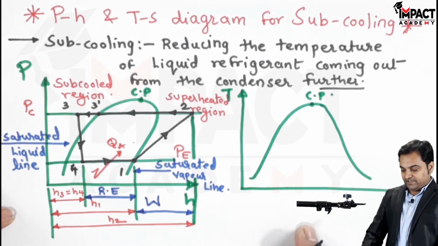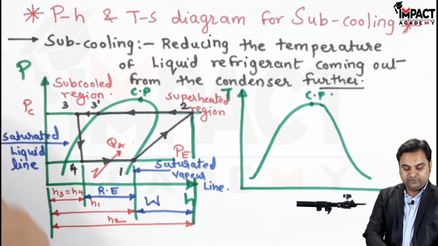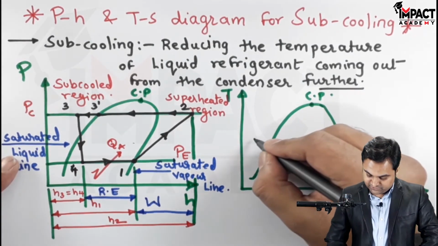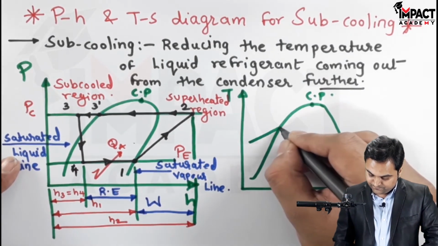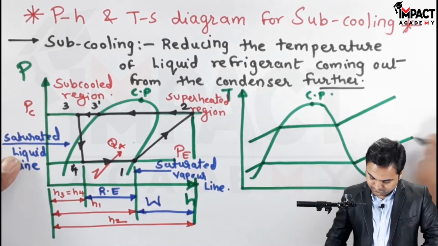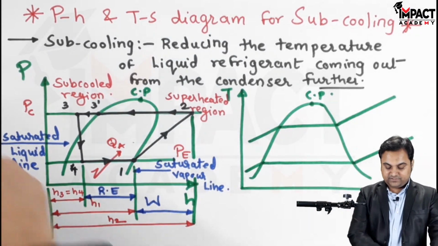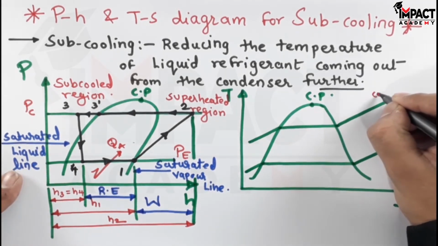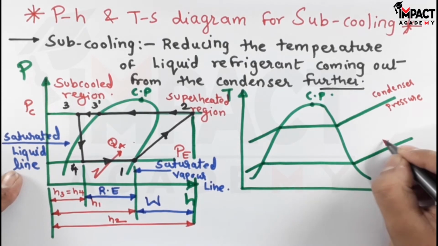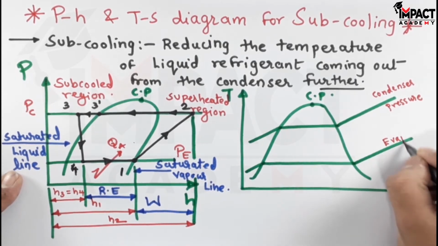Next, in a similar manner, I would be drawing the TS diagram. For that also, draw constant pressure lines first. These are drawn on the TS diagram in this way. The higher pressure is the condenser pressure. The lower pressure is the evaporator pressure.